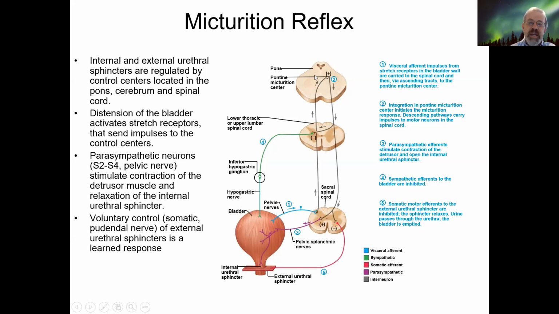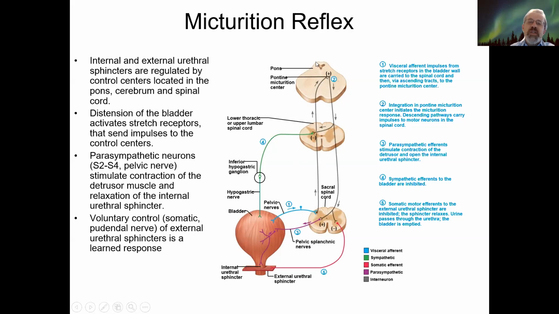Basically up this way. In response, we have stretch receptors activate neurons that are going up to the spinal cord as well as the brain, primarily the pons area.